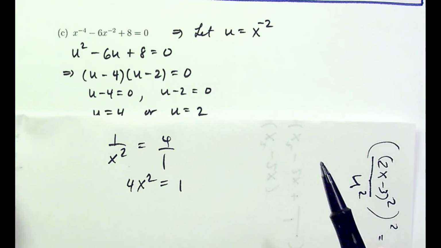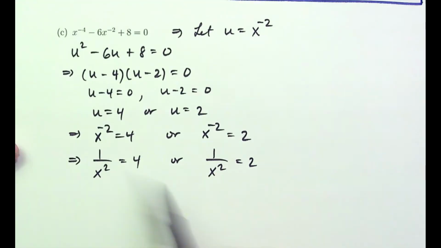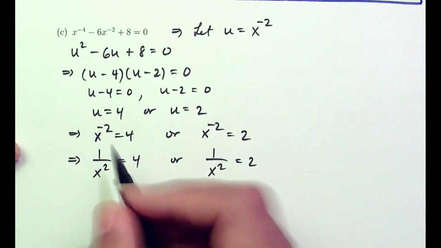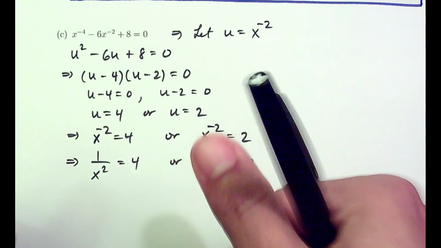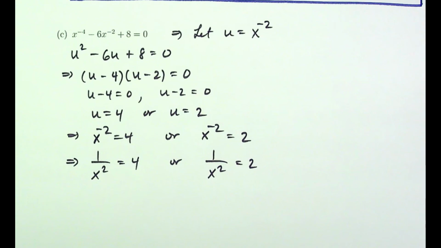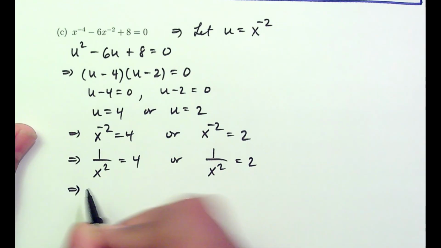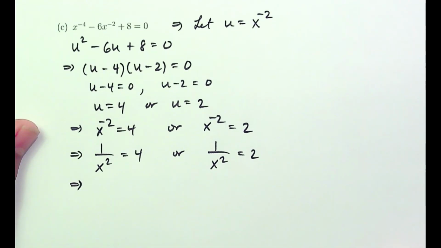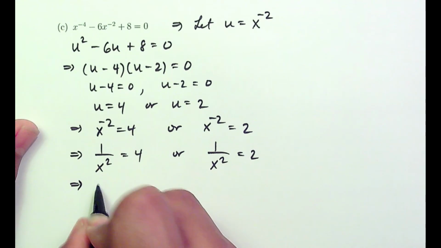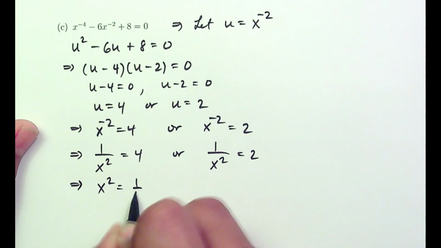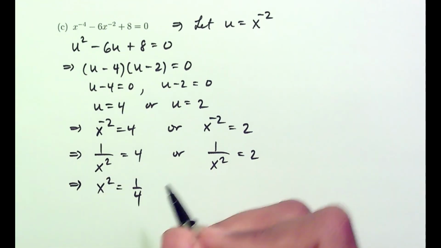If you cross multiply, this times this equals that times that. Or another way to think about it, besides cross multiplying, is to flip both sides, because whatever you do to one side, you have to do to the other one. So flipping both sides gives x squared equals a quarter, which is really the same thing.